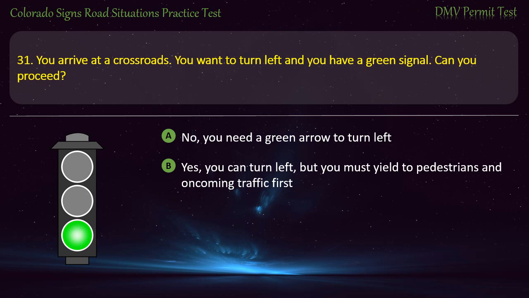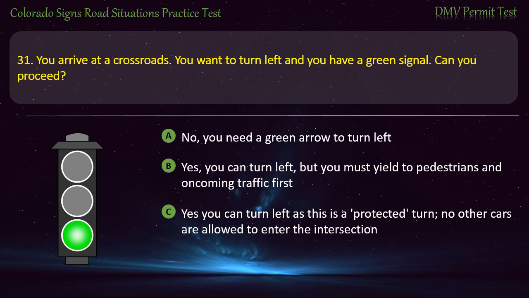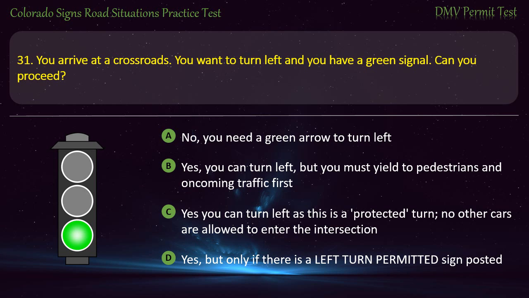Yes, you can turn left as this is a protected turn, no other cars are allowed to enter the intersection. Yes, but only if there is a left turn permitted sign posted. Answer. Yes, you can turn left, but you must yield to pedestrians and oncoming traffic first.